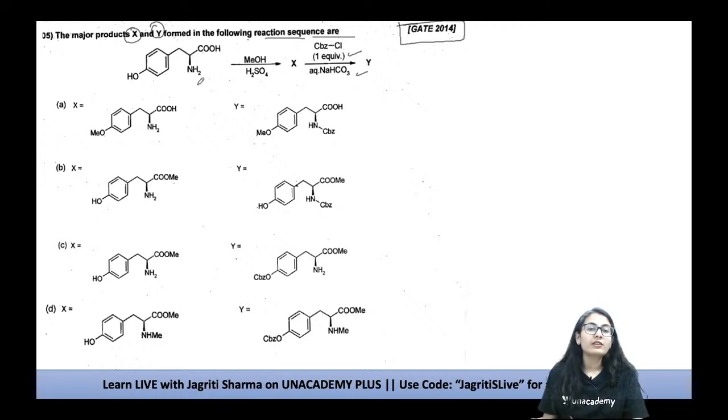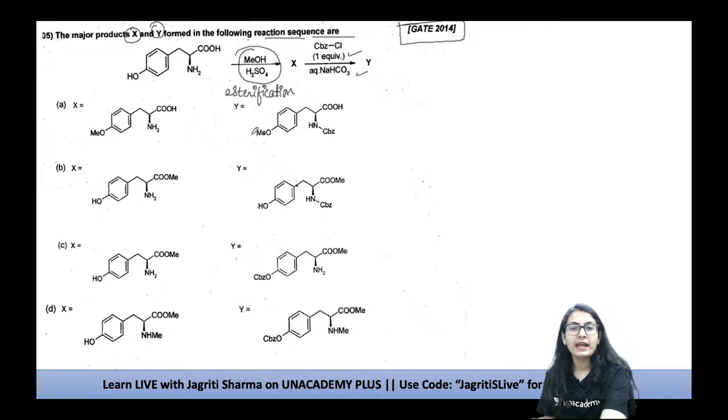Alright, so what do we see guys? We see that in the first reaction we expect esterification. Now this is a proper esterification reaction, isn't it? Right, so it is esterification in the first step, and you already know carboxybenzyl chloride is a protecting group for the amines.